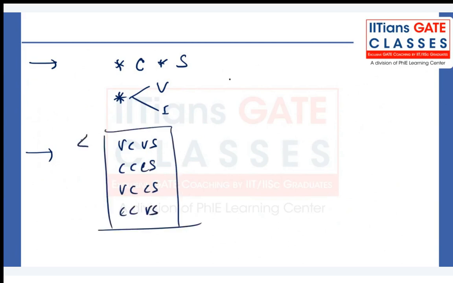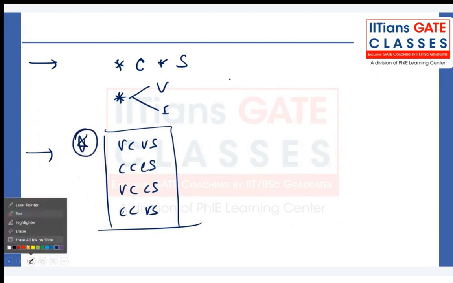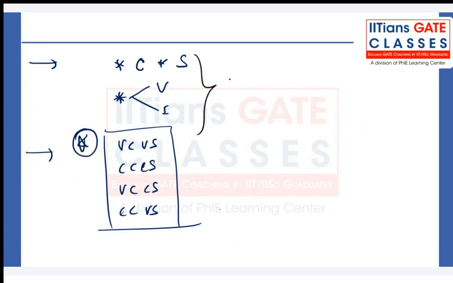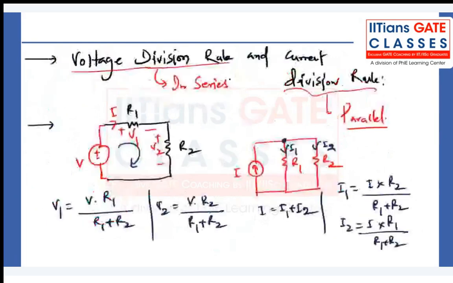Okay, and these are very, very important. So if they are present in the circuit, you have to be careful while determining the resistance, this Rth, right?